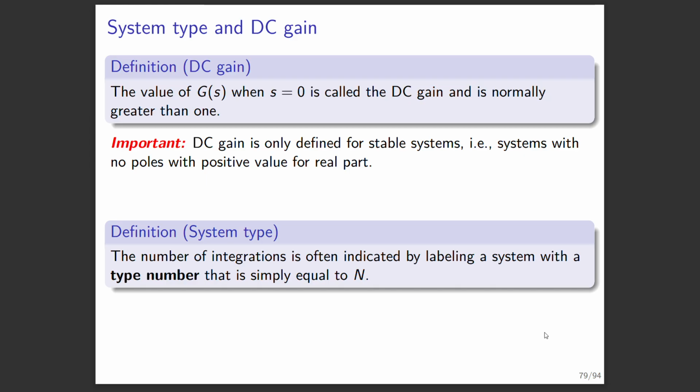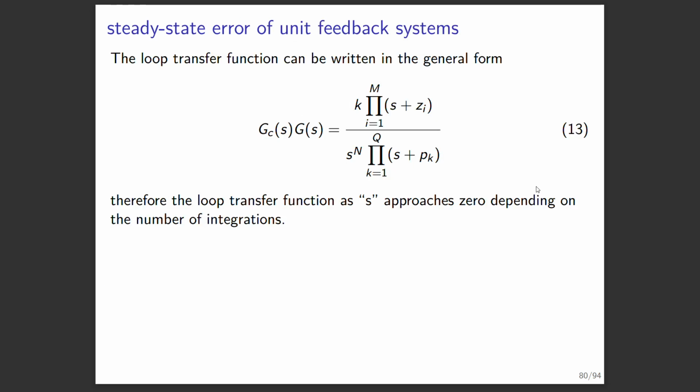The second definition is system type. The number of integrations, or the number of s's in the denominator, is the system type. So here, if I write my GC times G as equation 13, with a bunch of zeros, a bunch of poles at P1, P2, P3, P5, P10 until PQ, and a bunch of poles at the origin, this system's type is capital N because it has N poles at the origin.